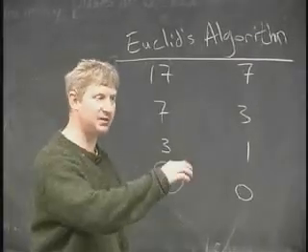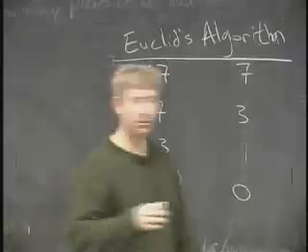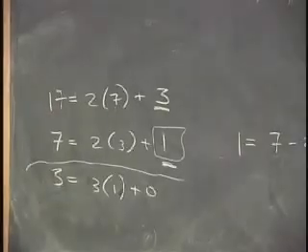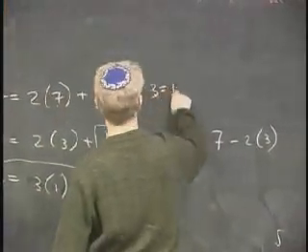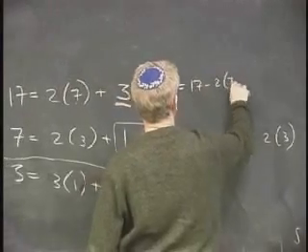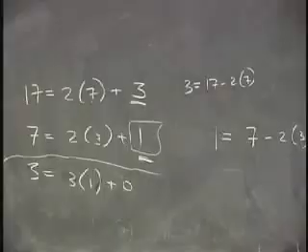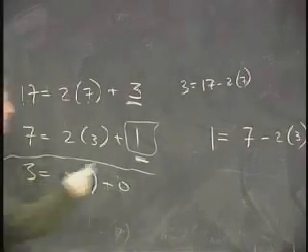So now go back up a stage, and you can get a combination that relates 3 to 7 and 17. I'll write that over here. 3 equals 17 minus 2 times 7. And I'm going to take that combination that helps me get rid of my 3 and replace it with 7s and 17s.